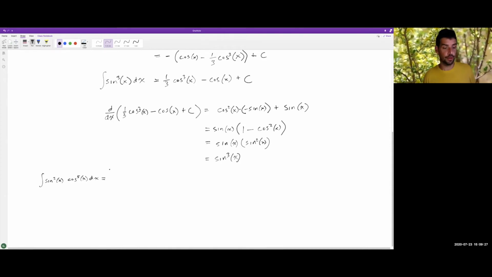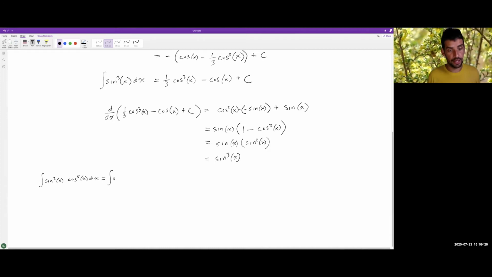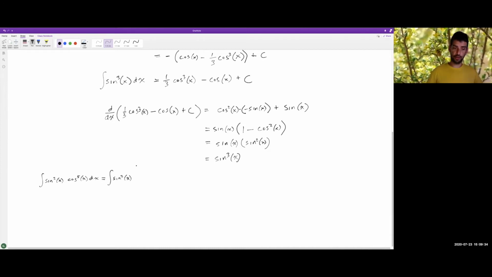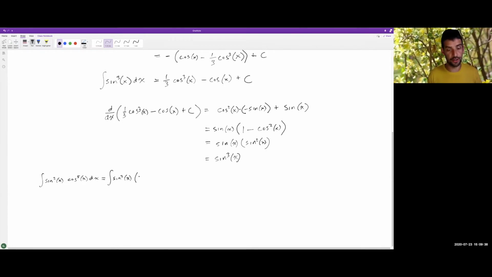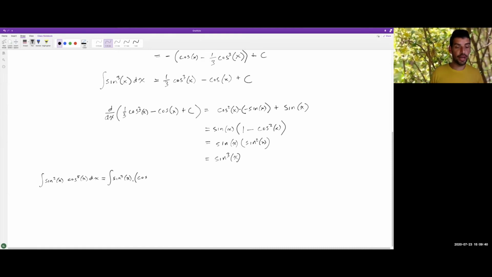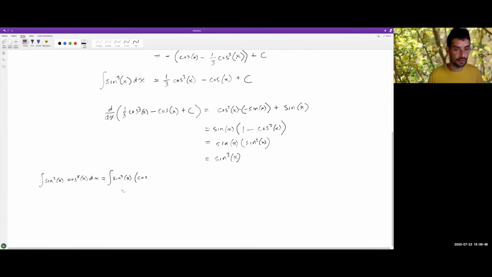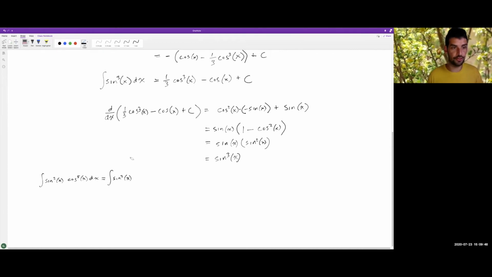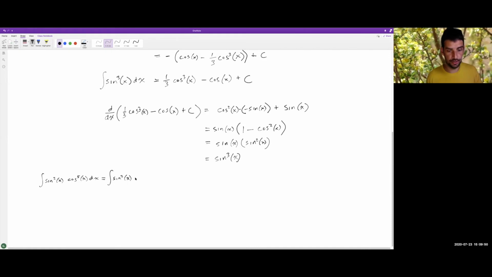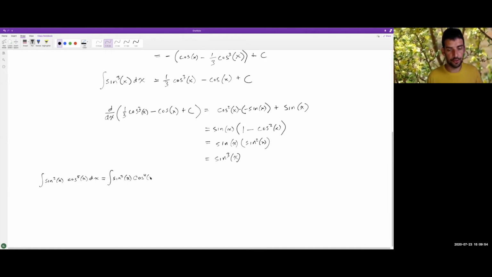Instead, we're going to try something else, right? And this is something you would just discover through trial and error. And so humans in the past have figured this out for us, and we're going to use their good work. I'm going to rewrite cosine to the 5th, well, let's do this a step at a time. We're going to do several things to it. The first thing I'm going to do is change cosine to the 5th to cosine to the 4th times cosine of x.